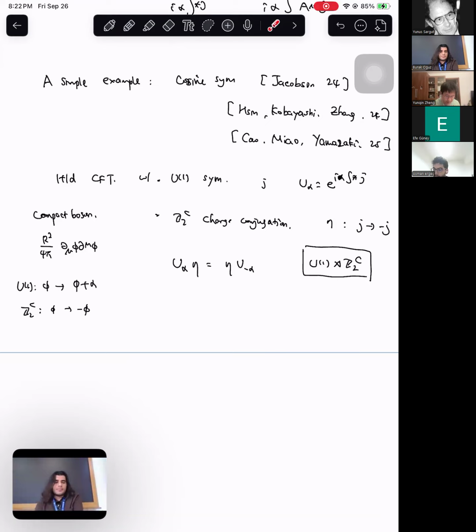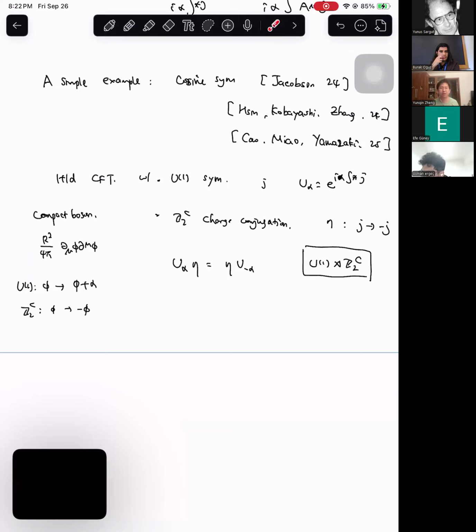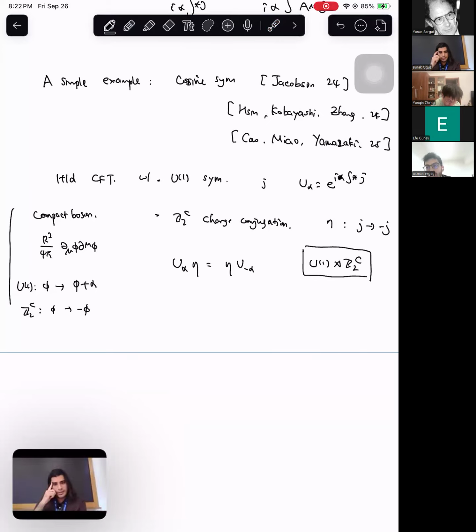And in this example, as you said, there are indeed two U1 symmetries, but we can focus on one of them. Here I'm just focusing on the shift symmetry, the momentum symmetry. But you can also talk about the winding symmetry, and the story will be the same. But what I wanted to ask was that in the first case, if we gauge the Z2, we get an O2 gauge group, right?